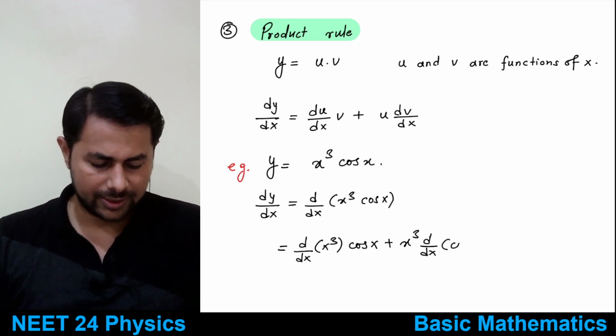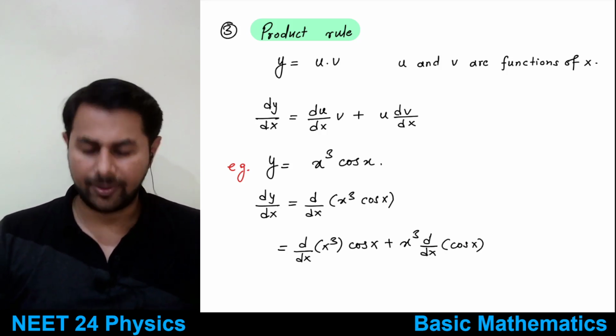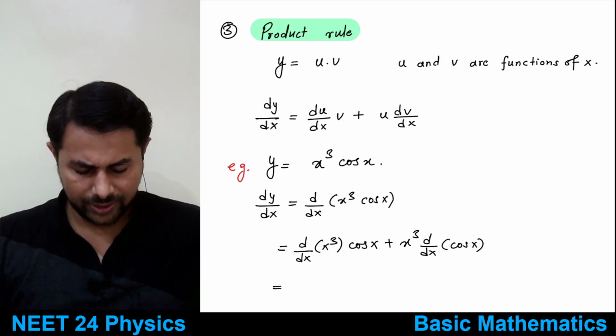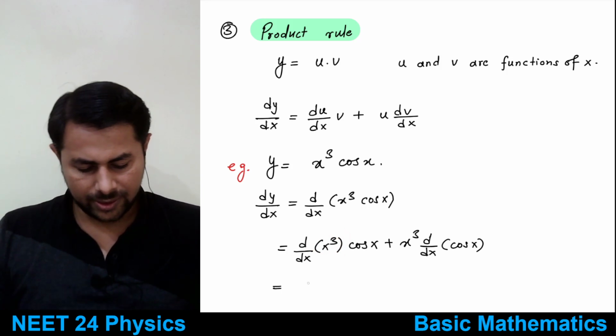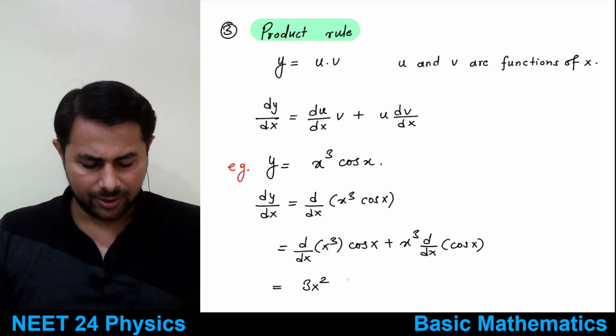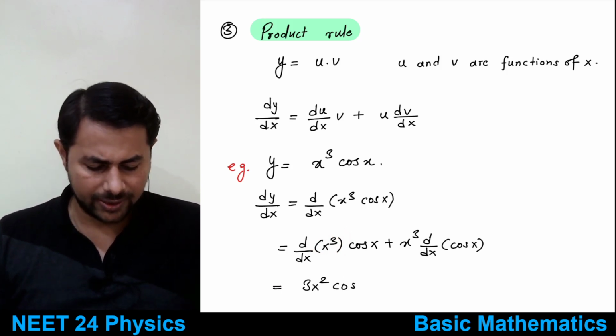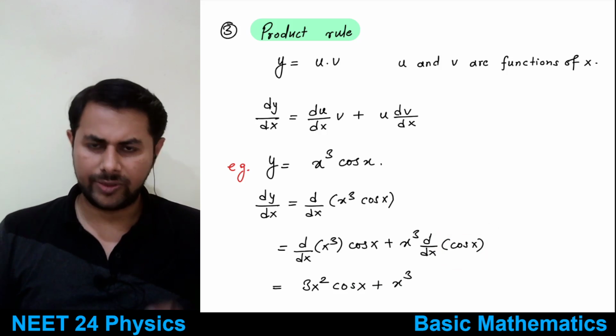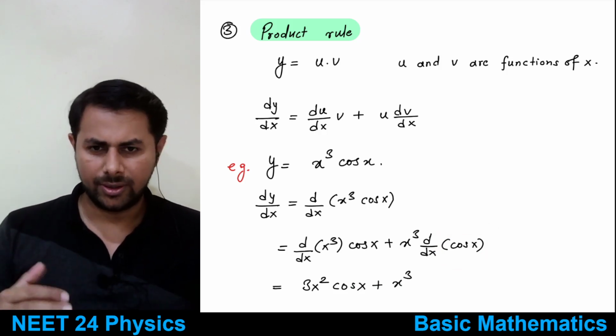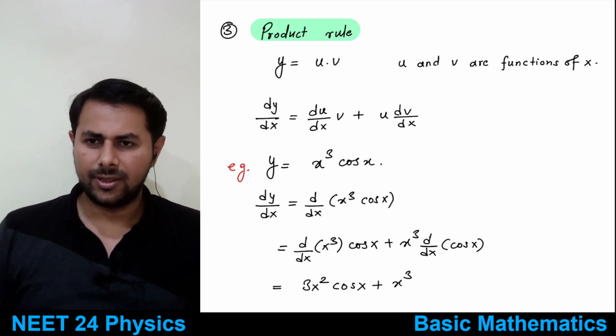The derivative of x cube is 3x square. So you have 3x square cos x plus x cube multiplied by the derivative of cos x, which is minus sin x.